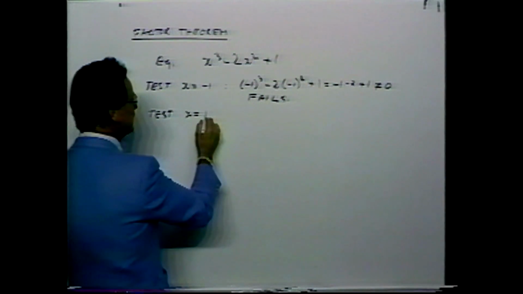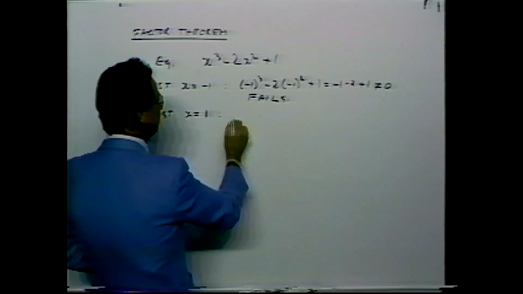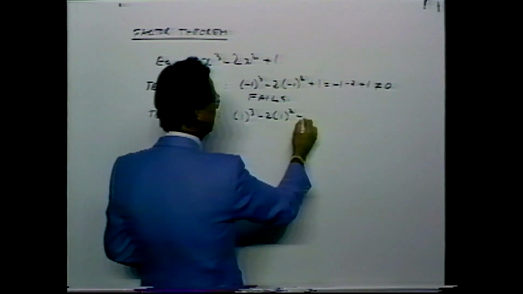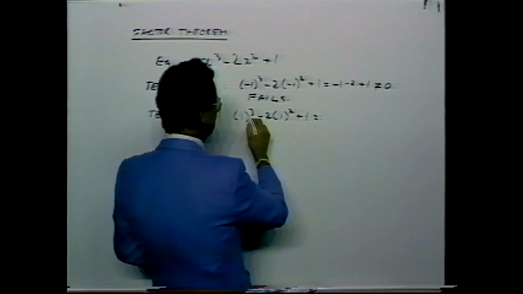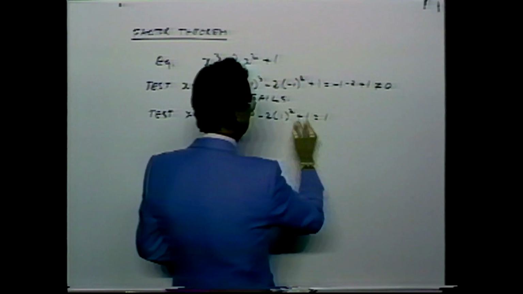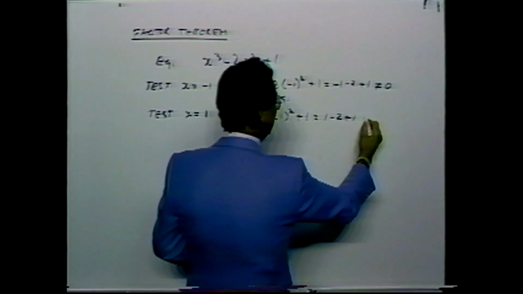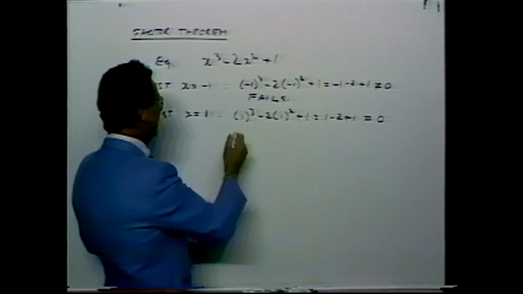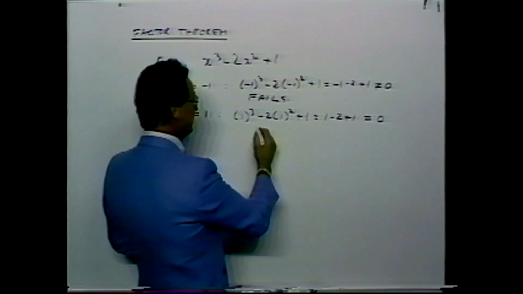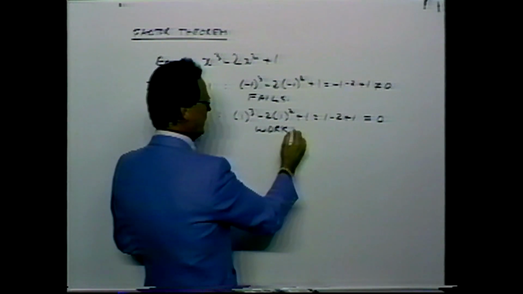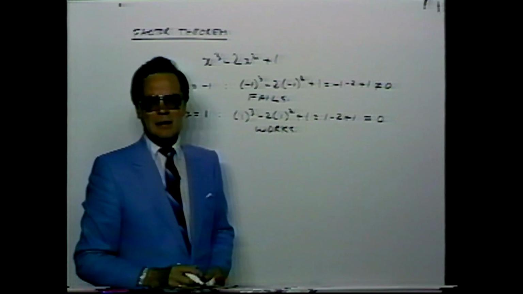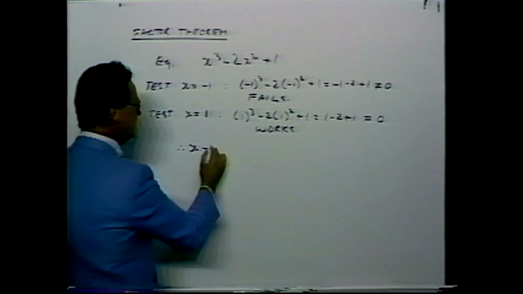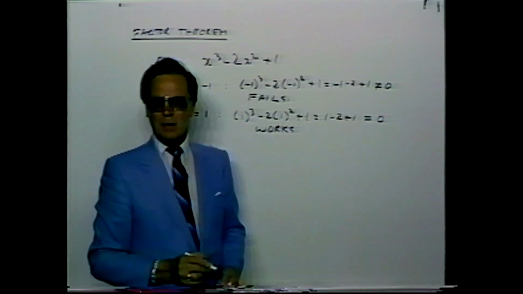Well, try x equal to positive 1. If x equal to positive 1, we have 1 cubed minus 2 times 1 squared plus 1. This is equal to 1 minus 2 plus 1, and that does equal to 0, so we end up with the test working. When x is equal to 1, then, we conclude that x minus 1 is a proper divisor.